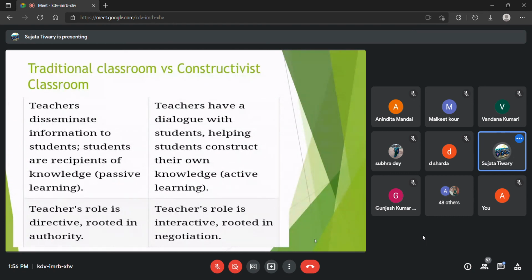Teacher gives the information passively to the student, but in constructivist classroom, the learners are active learners. The knowledge is gained actively by active participation. In traditional, teacher's role is directive, rooted in authority, but teacher's role in constructivist class is interactive, rooted in negotiation.